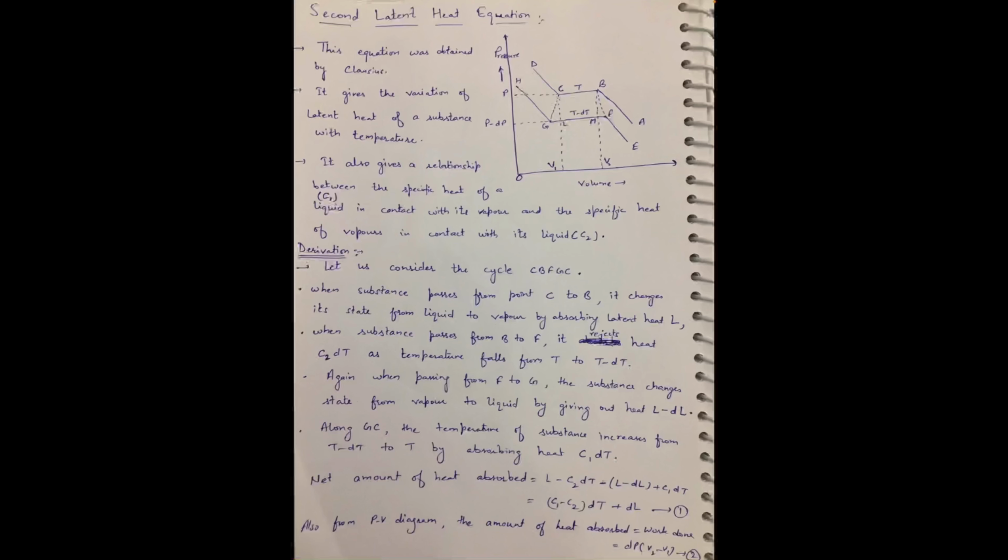So the temperature of the substance falls down by an amount dT. So we can say that when the substance goes from B to F, it rejects an amount of heat equal to C2 dT, where C2 is the specific heat of the substance in its vapor state.